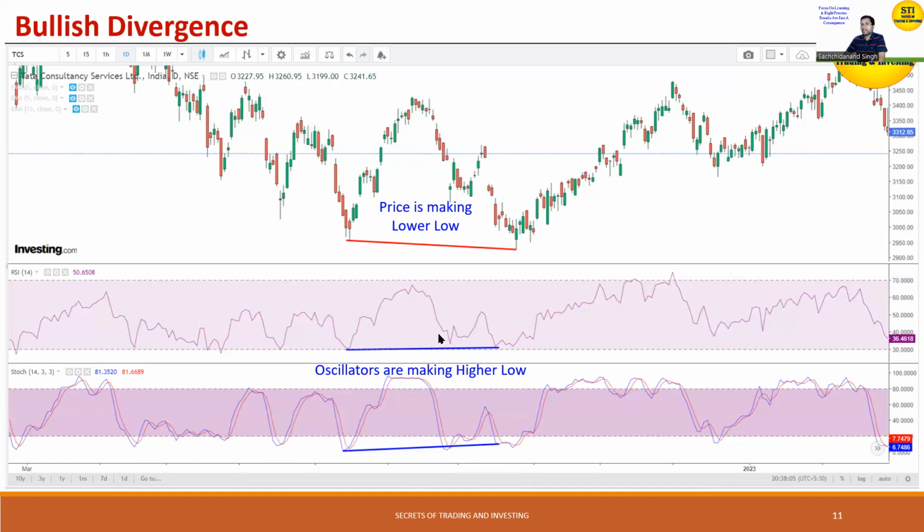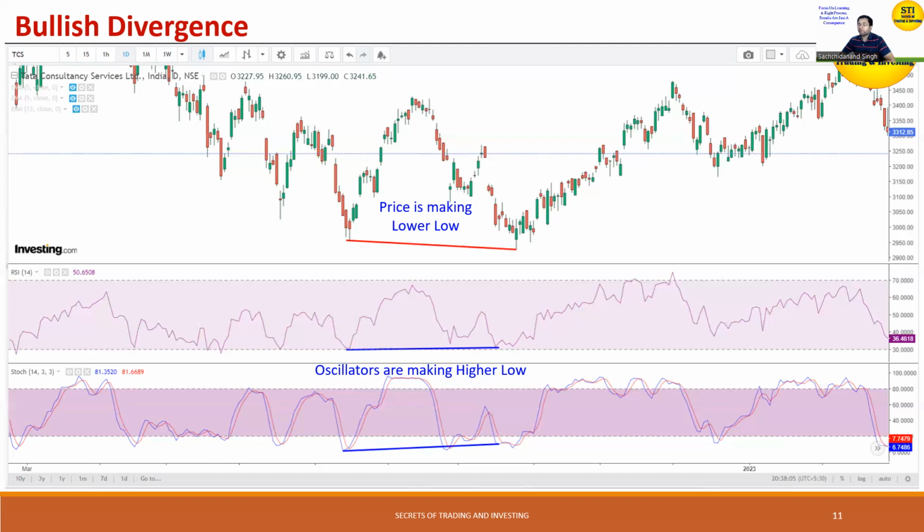Bullish means these two indicators plotted against the price are starting to show bullish behavior. Bullish behavior means it is not going down as compared to the previous one; rather it is starting to move slightly up. By looking at these two indicators, there is another very strong conviction.